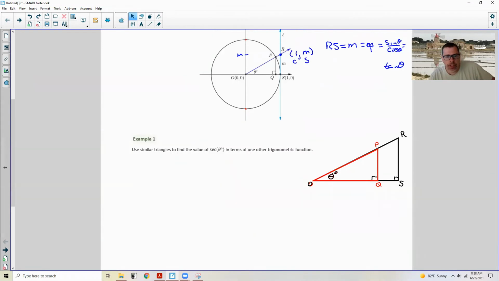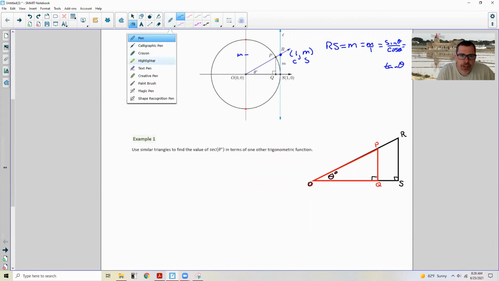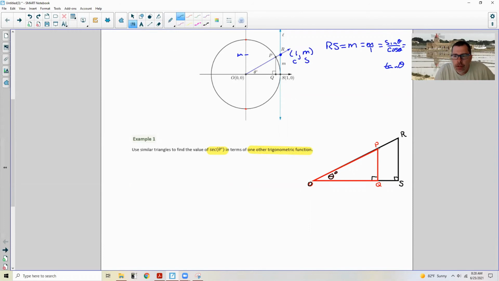Okay, example 1 says to use similar triangles to find the value of secant theta. We want to find the value of secant theta in terms of one other trigonometric function. I've recopied these down, broken out of this diagram.